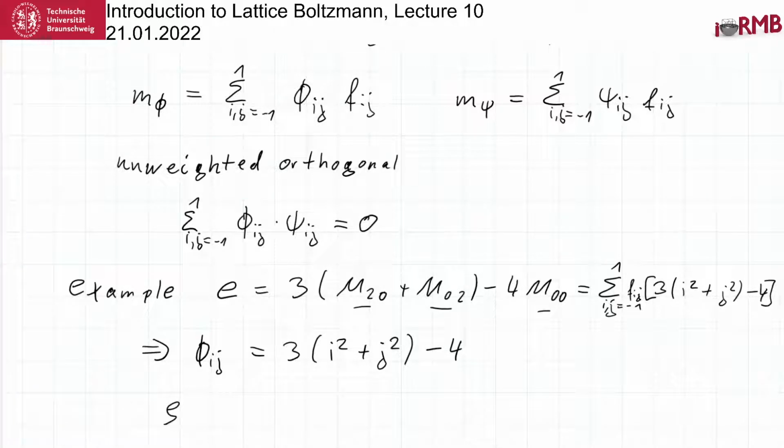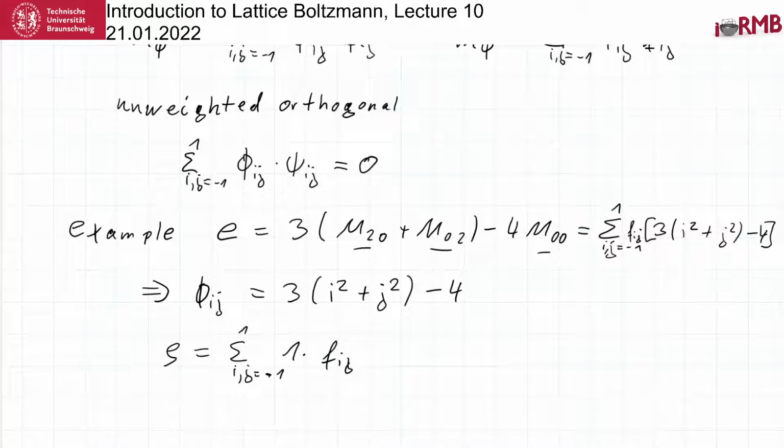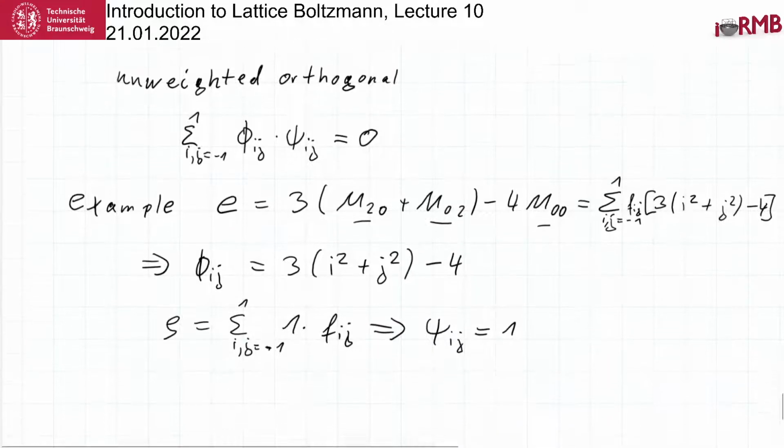And the other moment, rho, i and j from -1 to 1 is 1 times fij, which means that psi for this moment is ij, and psi ij is equal to 1. So every time we multiply just by 1.